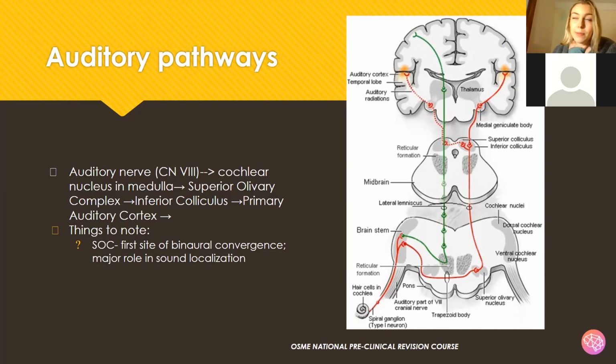Again, a good experimental point for this is von Békésy, a scientist who did work in cadavers, and basically found that for high frequencies the peak amplitude of the wave is at the base of the cochlea, and this peak shift moves nearer towards the apex for lower frequencies. So that's something that I would recommend dropping in an essay.